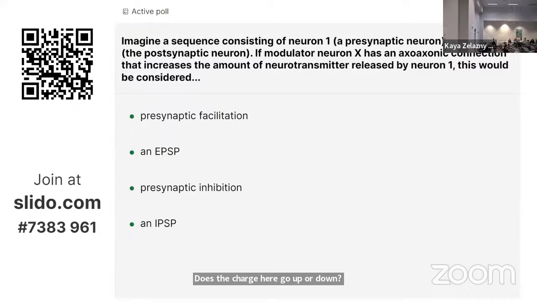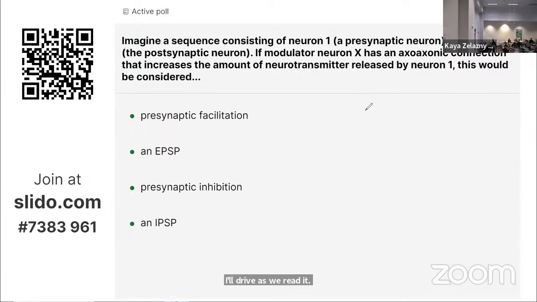All right. So we're going to imagine a situation now, thinking about this modulation. I'll draw it as we read it. Okay. So we've got our neuron 1, our presynaptic neuron. We've got our neuron 2, postsynaptic neuron. And then we're going to be thinking about neuron X. Okay.